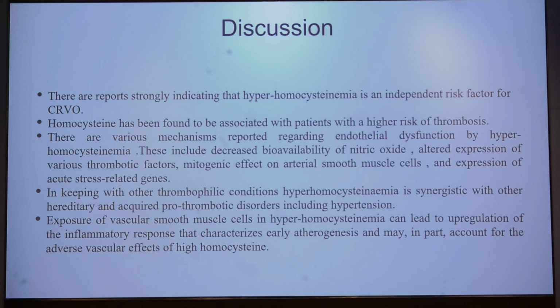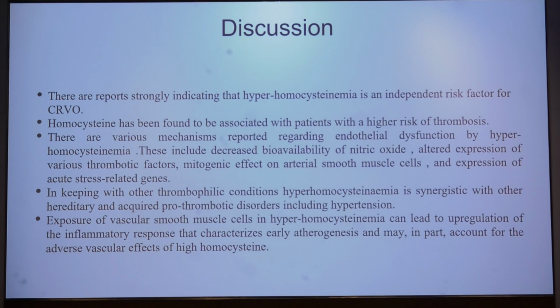There are reports strongly indicating that hyperhomocysteinemia is an independent risk factor for CRVO. Homocysteine has been found to be associated with patients with a higher risk of thrombosis. There are various mechanisms, which include endothelial dysfunction due to hyperhomocysteinemia. They also include decreased bioavailability of nitric oxide, altered expression of various thrombotic factors, mitogenic effects on smooth muscle cells, and expression of acute stress-related genes.